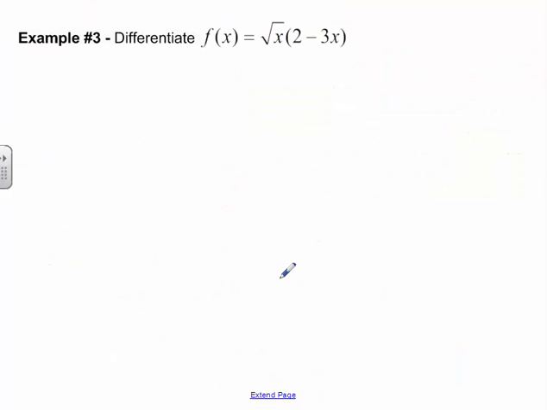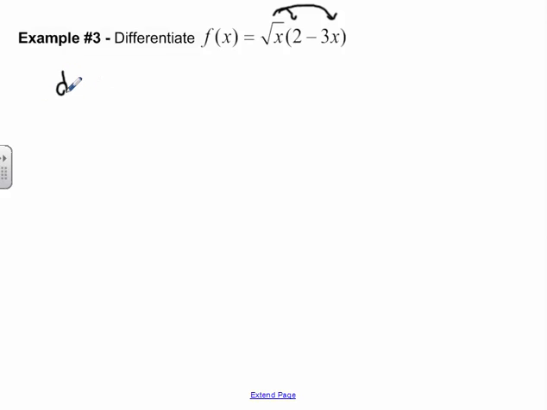So example 3. Now let's differentiate this guy. Well, we could try distributing, but now I'm working with square roots getting distributed in. There's a better way, using our new product rule.